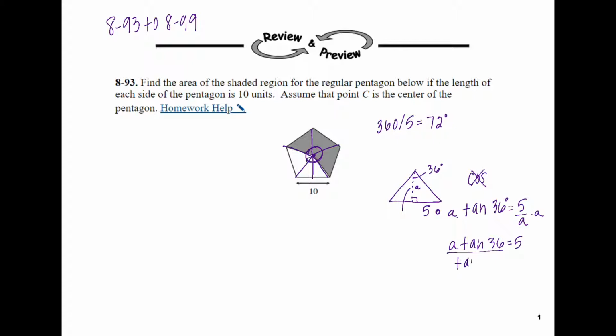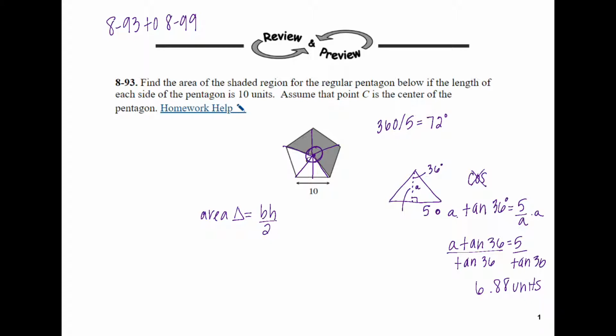Divide by the tangent of 36, which gives me a length of 6.88 units.